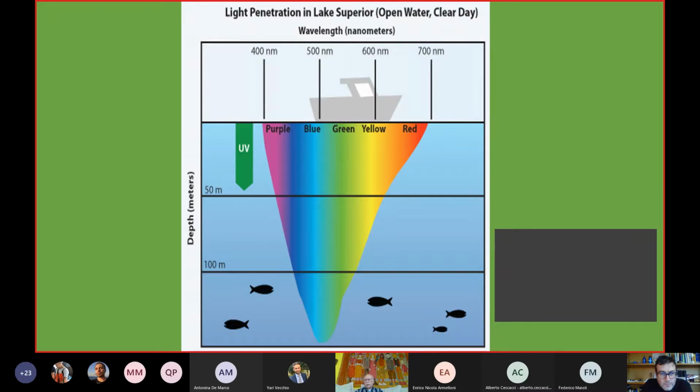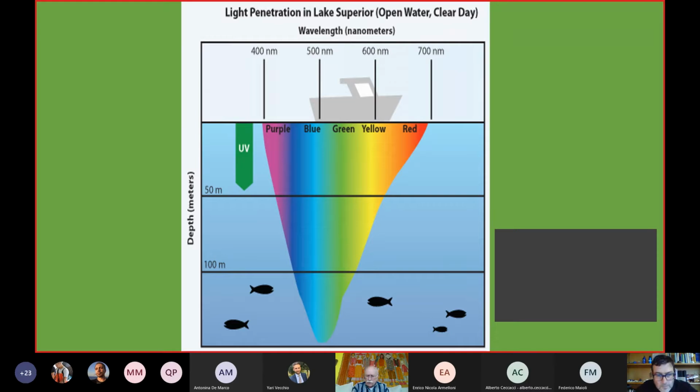As you see in a moment, if you have suspended silt, or if you have lots of algae, of course the light will not penetrate that deep. But also, what is extremely important for the culture of algae, you can see that the red is absorbed very readily, and the blue is the most penetrating color.